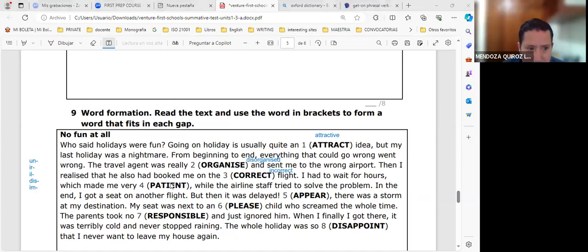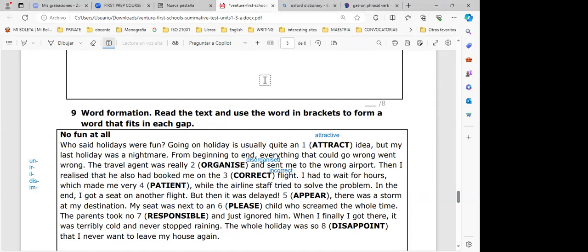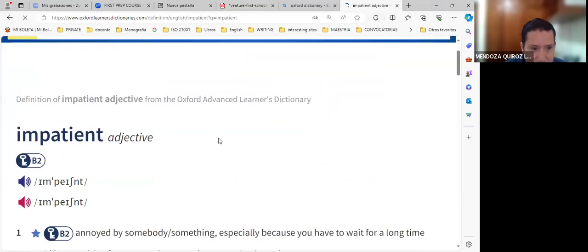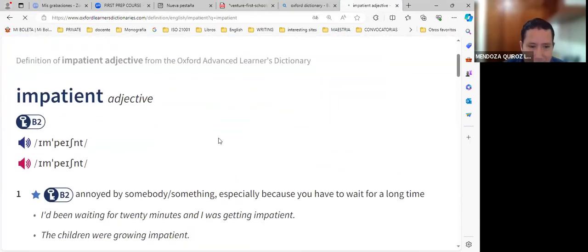Are you sure? I'm confused about the pronunciation. Impatient. Yeah. And the problem here is, I mean, language interference.